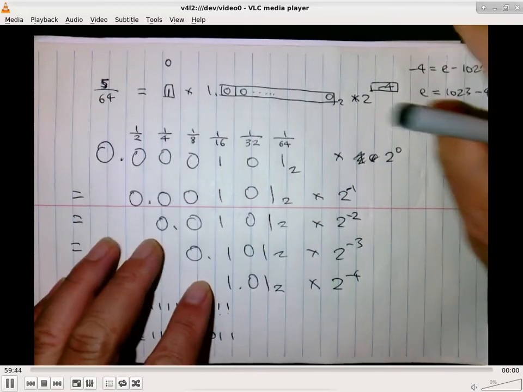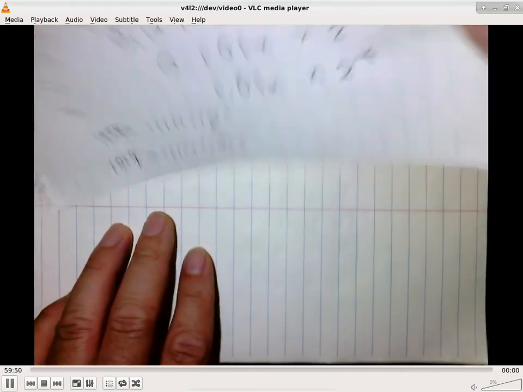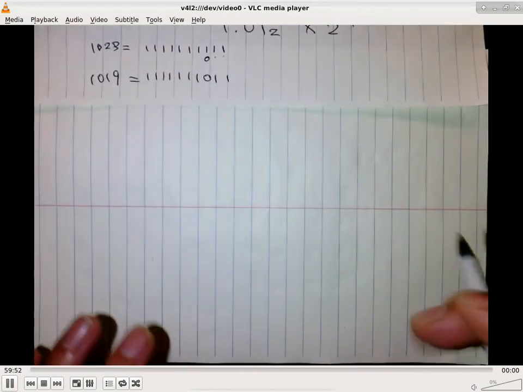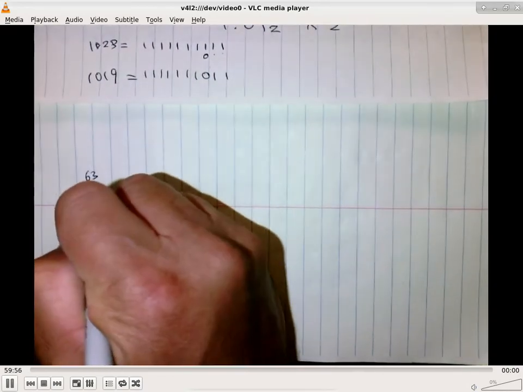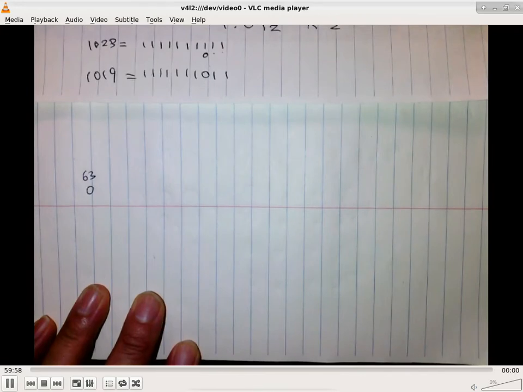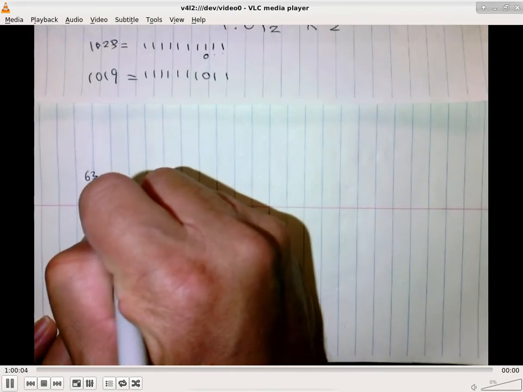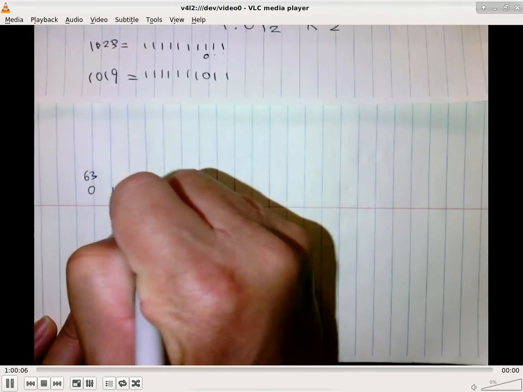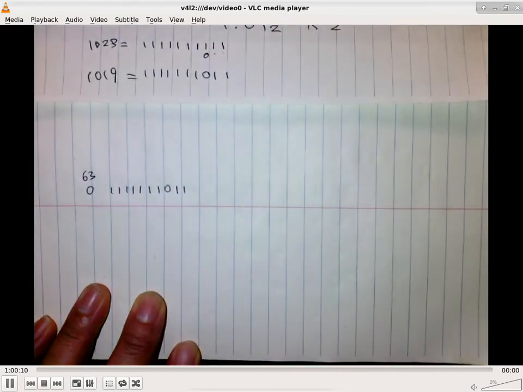So what we do next, I'm going to take this and put it up just a little bit. So the entire number starts with bit 63 being a 0, because the sign bit being 0 means the number is non-negative. And then we end up with these bits here. So we have 1, 2, 3, 4, 5, 1, 2, 3, 4, 5, specifying E, right?